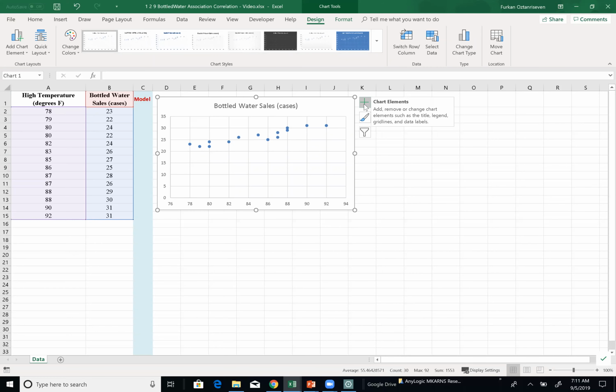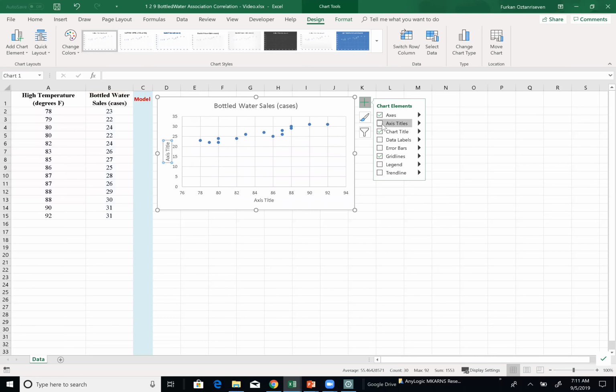So what I'm going to do is click on this chart elements, and then here you will see axis titles. Now I click on that. My y-axis is my dependent variable, water sales. I like to have my units in my figures too, so in cases.